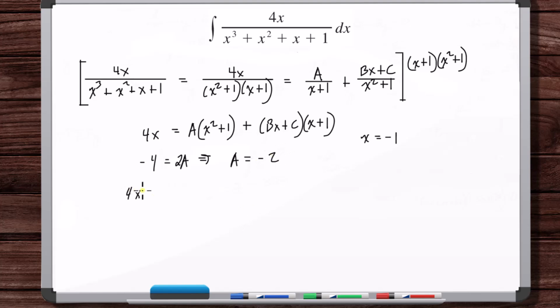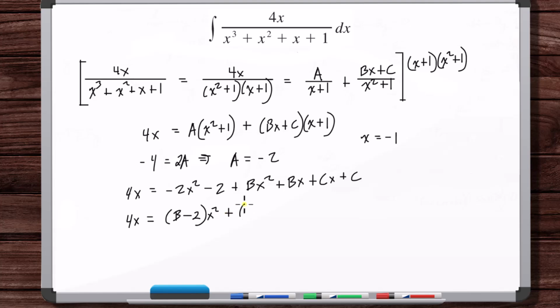Okay, so now we've got 4x is equal to -2x squared minus 2 plus bx squared plus bx plus cx plus c. 4x is equal to b minus 2 x squared plus b plus c x plus c minus 2.